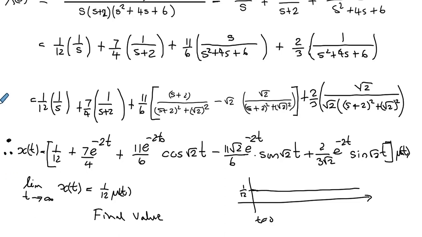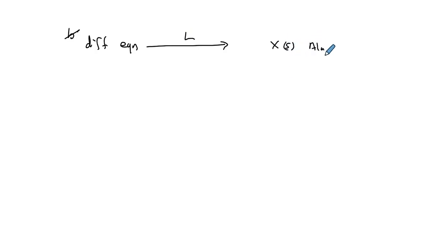Otherwise, at this point, we have seen from our previous example to this example all the steps which are necessary to solve an initial value problem using the Laplace transform. So summarizing, we're given a differential equation. The first thing is to apply the Laplace transform to take it to the frequency domain, where we get an algebraic equation, which we solve by simply making X of s the subject of the formula.